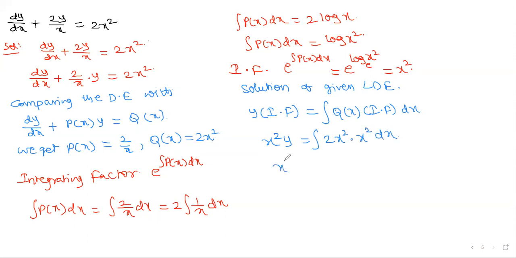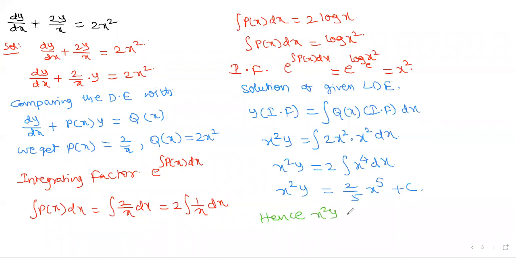So x square y is equal to 2 into integral x power 4 dx, which is 2 by 5 into x power 5 plus c. Hence the solution is x square y is equal to 2 by 5 into x power 5 plus c.